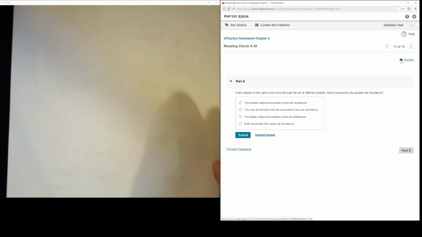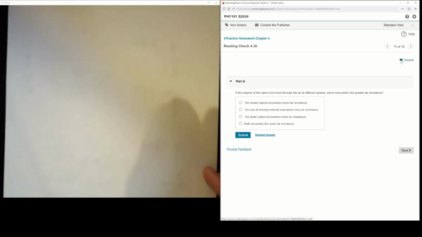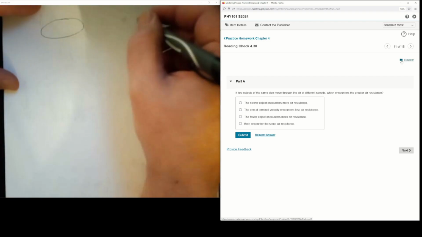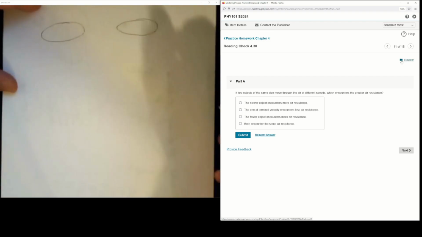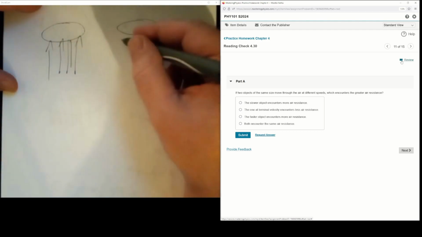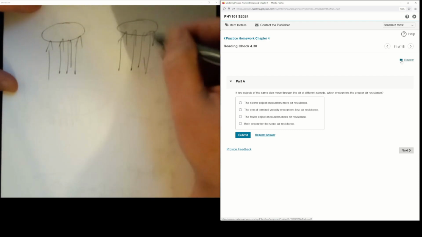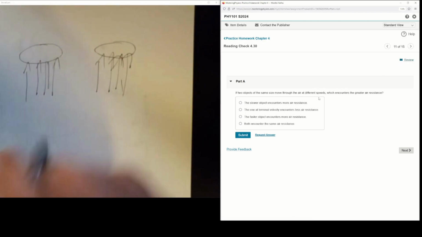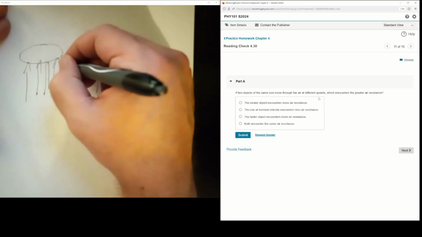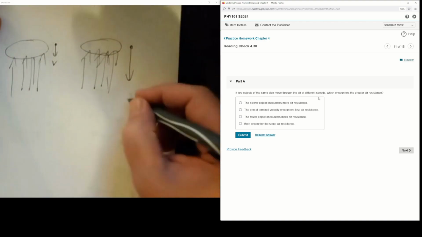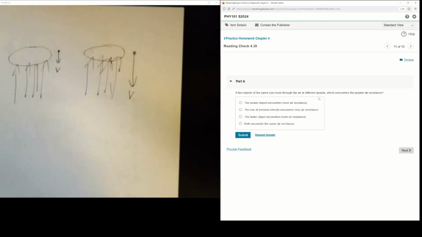If two objects of the same size move through the air at different speeds, so they're the same size, let's just use spheres, so the air resistance is hitting these same-size circles as they fall down, but they have different speeds. Let's say this one is going slower, and this one is going much faster.